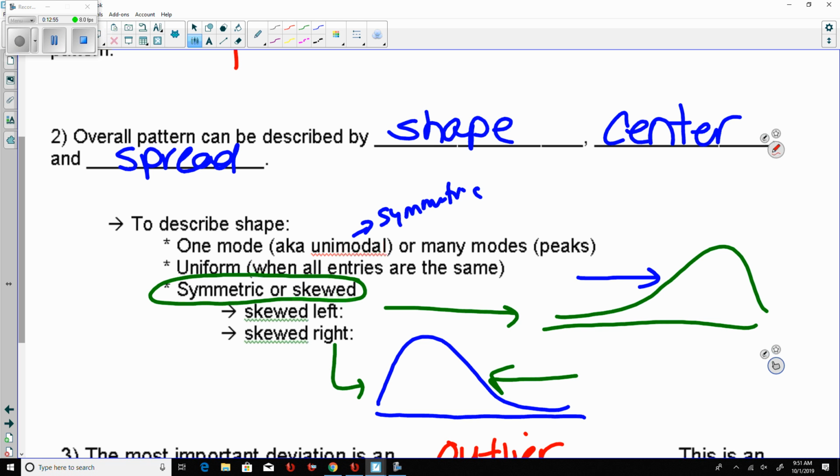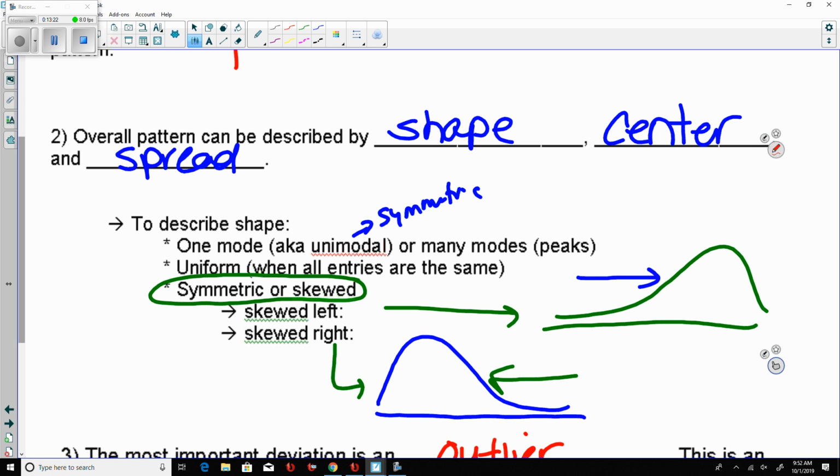Okay, so I am looking at some pictures on page 73. Your uniform would be top left, I'm going to talk about that in a minute.